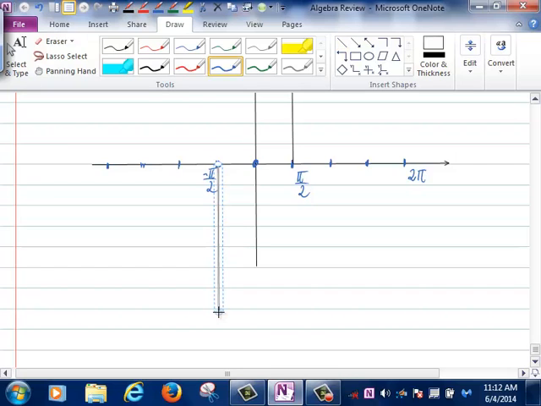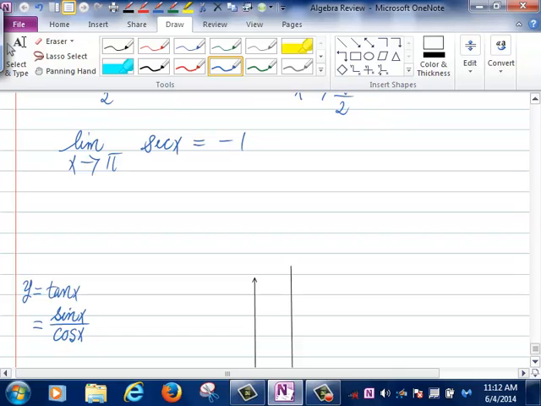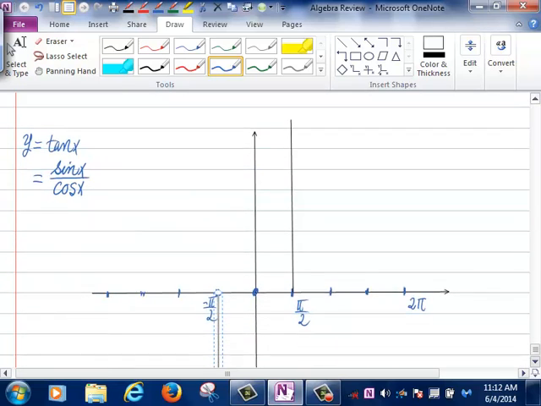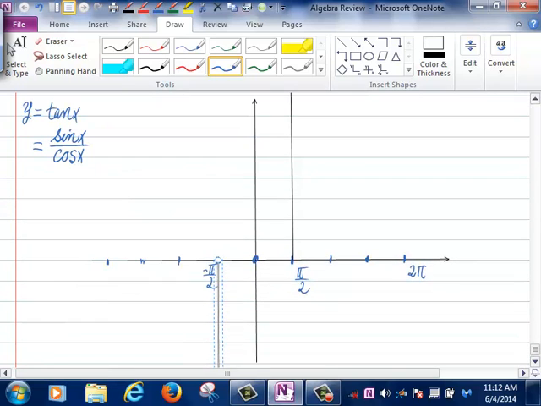So I'm going to first look at what's happening between negative pi over 2 and pi over 2, okay? So let's investigate. When x is close to pi over 2, on the left side of pi over 2, the cosine x is close to 0, but it is positive, right? When x is going to pi over 2, cosine x is positive, but close to 0.